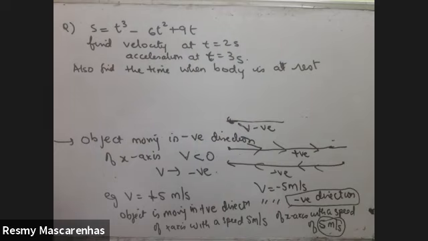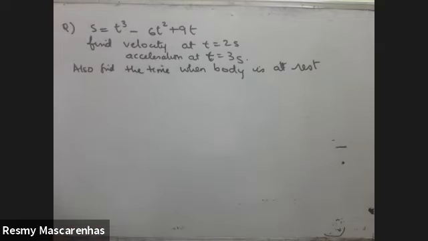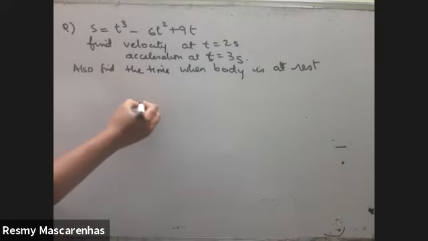So the distance has been given to you. Now you have to find velocity, then you have to find acceleration. Can anyone tell me what will be the first step?